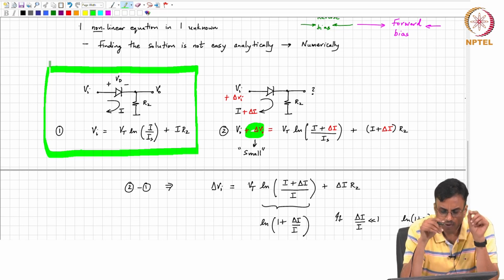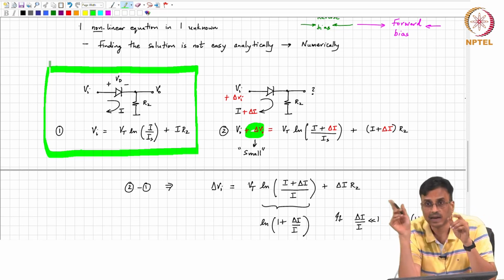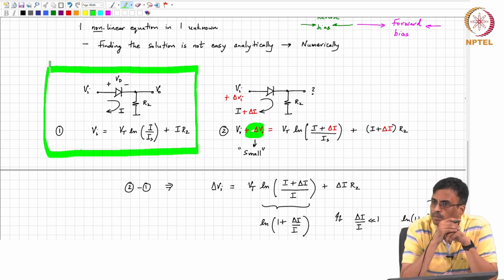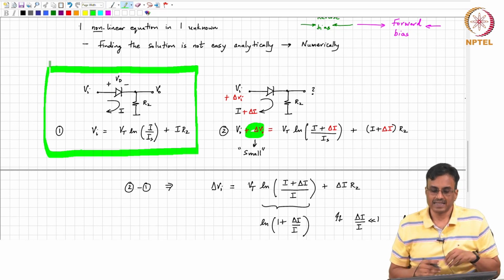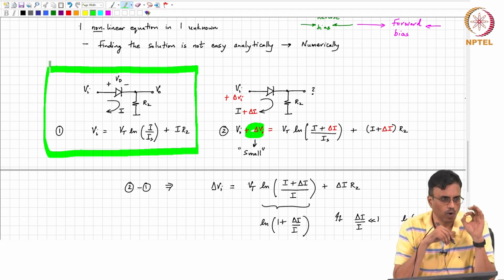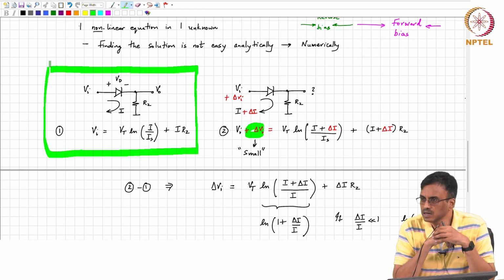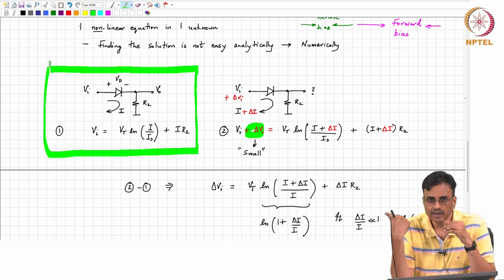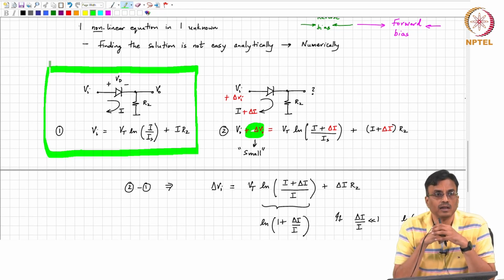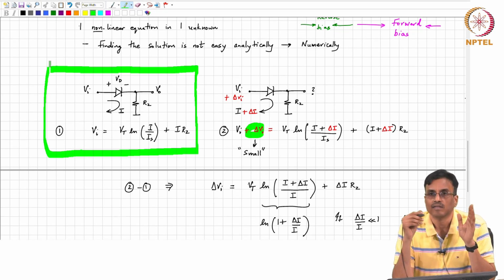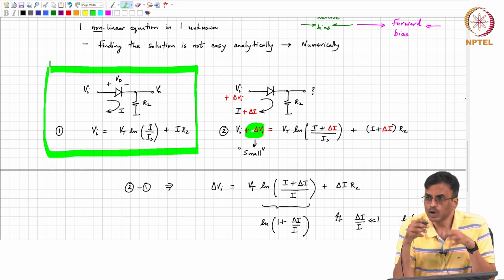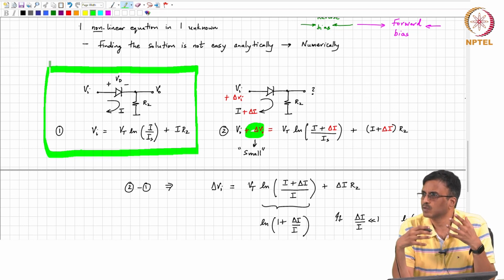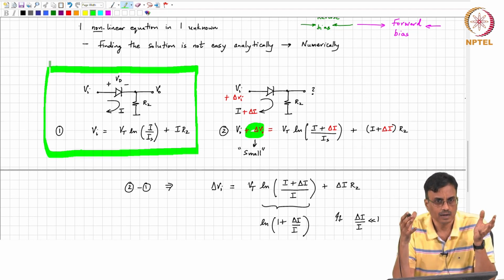Okay. However, as we have seen in this particular example, if the excitation changes by a small amount from the previous excitation, we do not have to do all that hard work all over again, right.